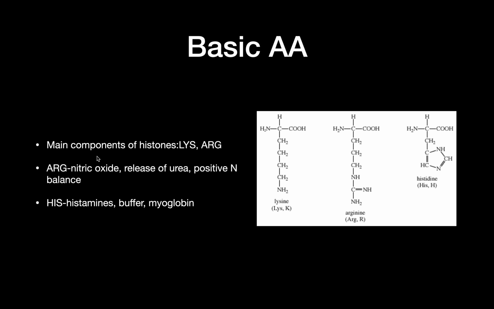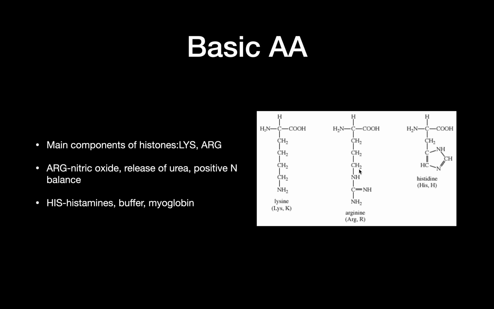The main components of histones are lysine and arginine, and if you can recall, histones are huge players in condensing DNA. For arginine, it's important for nitric oxide, which is a vasodilator. It releases urea and plays a role in positive nitrogen balance.